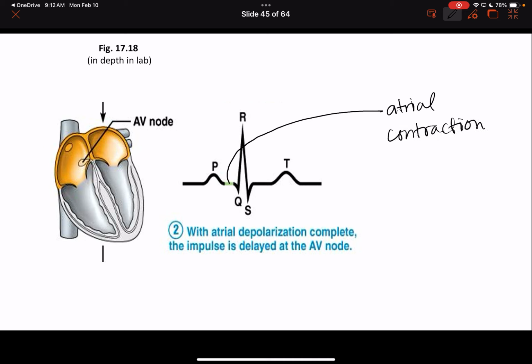You're not seeing contraction because that's physical or mechanical activity. This is only showing you electrical activity, but know that atrial contraction happens during that time. So we have atrial depolarization in the P wave, so the atria are getting excited. And then once that's complete, the atria contract.